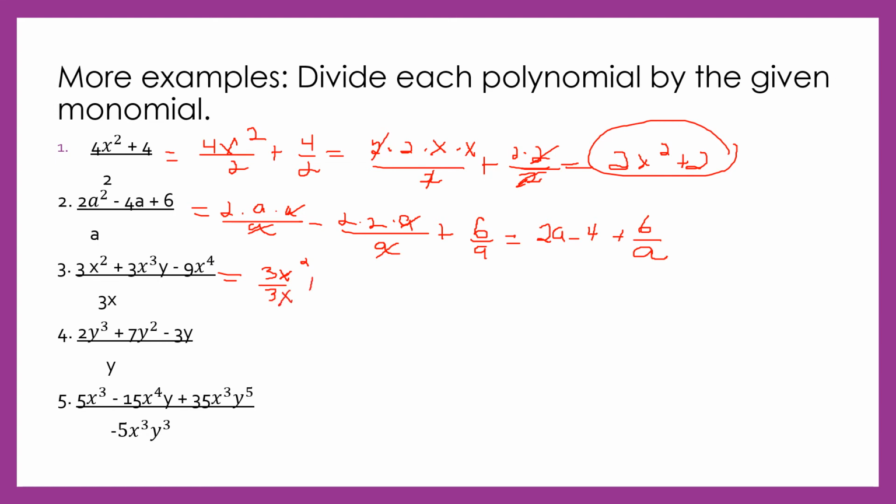So, guys, it is easier if you take them one by one. Plus 3x cubed y over 3x, minus 9x to the fourth over 3x. So, we have x left. Then, we have x squared. And then, 9 divided by 3 is 3, 3x cubed.